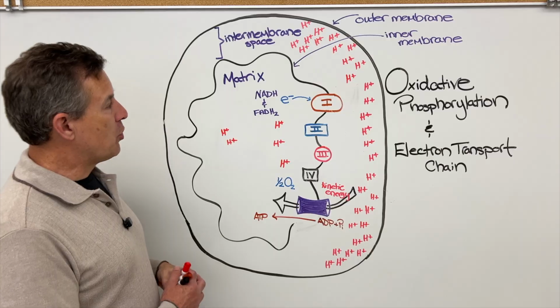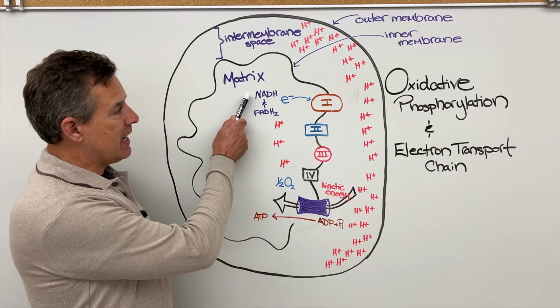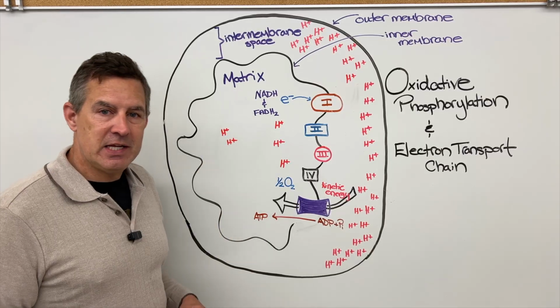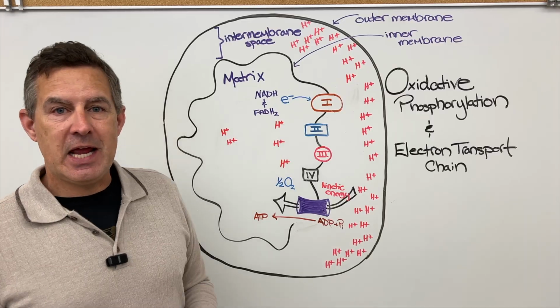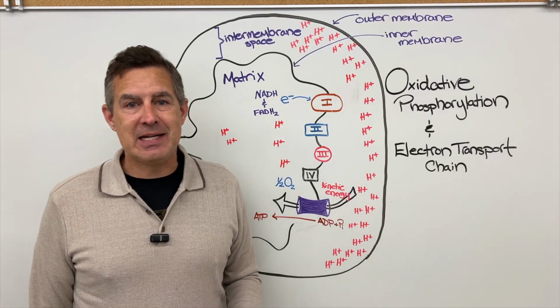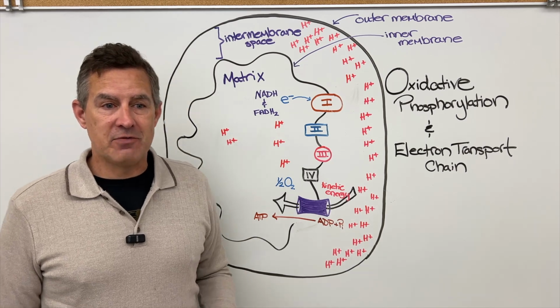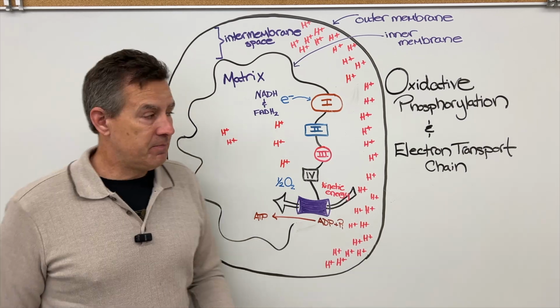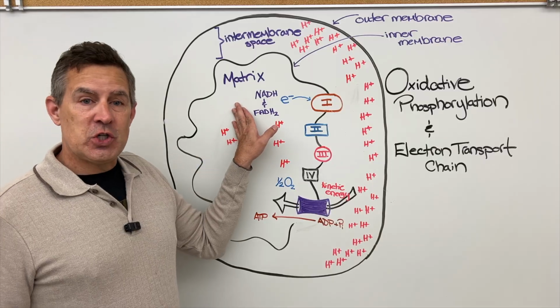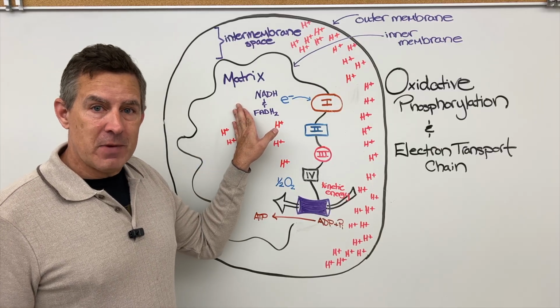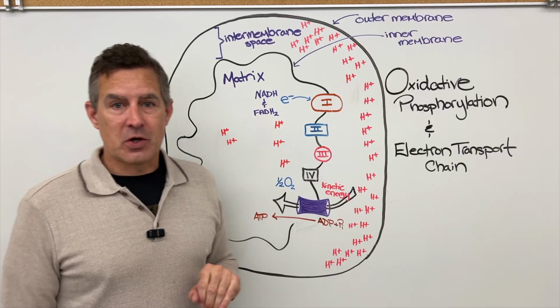And this is where we're going to get to these two molecules, NADH and FADH2. NADH is nicotinamide adenine dinucleotide. FADH2 is flavin adenine dinucleotide. These are shuttling electrons from glycolysis and the Krebs cycle.